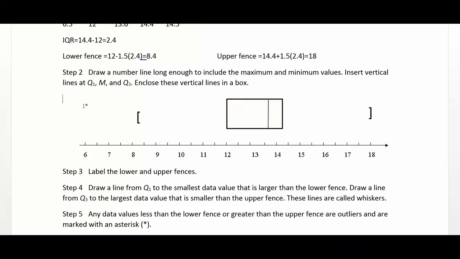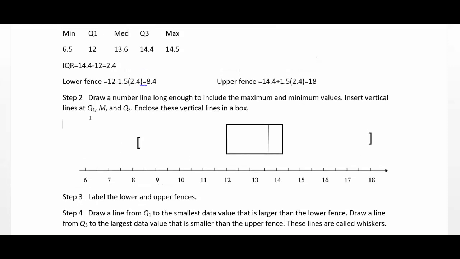We're then going to identify if there's any data value above or below the fence, and we're going to mark that with an asterisk. That's what's going to represent any outliers. So I'm going to go back up to, I see the minimum is 6.5. So I know there's at least one outlier. So any data values that are below that 8.4, I'll put an asterisk.